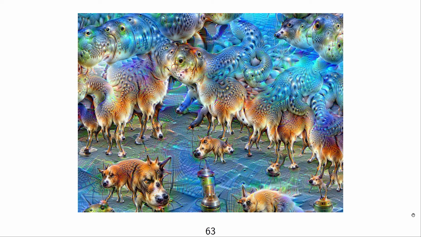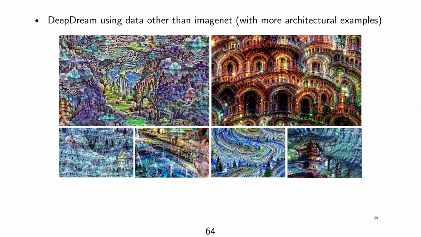Maybe ImageNet has lots of dogs, which explains the appearance of many dog-like or animal-like creatures. But if we train on architecture, we will see these architecture type patterns, these big towers being built, and these regular architecture structures.